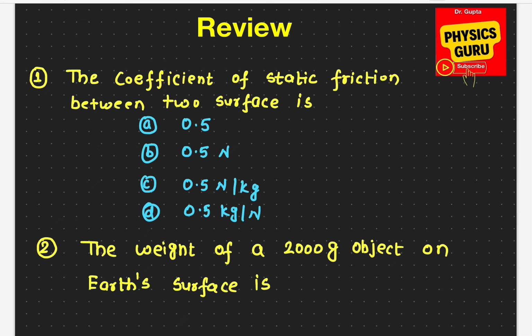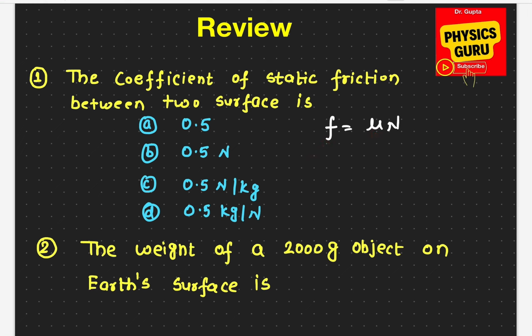For your understanding, I will explain here. The frictional force is given by F equals mu times N. It could be static friction or kinetic friction. It doesn't matter. What matters is this relation. Mu is the coefficient of friction, F is the frictional force and N is the normal force.